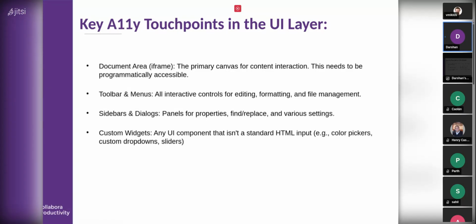Our main part is the document area, the iframe, where all the content is displayed. It's an iframe and is also rendered from the server side. So mostly we will not be that concerned about that content. We will simply need to enable the accessibility from the server side, and that should already start to work.